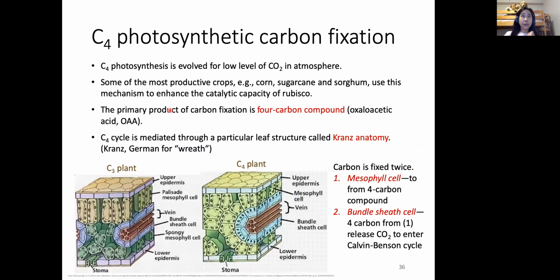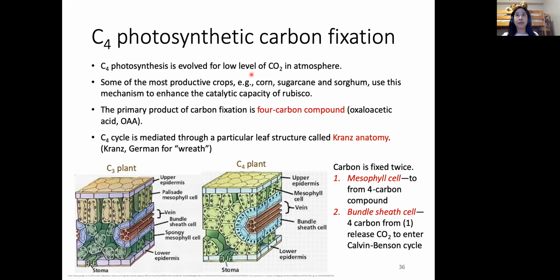So let's get into the detail of C4 photosynthesis. C4 photosynthesis evolved for plants that live in an area with higher temperature, because higher temperature leads to more errors of rubisco. It also helps plants that live where the carbon dioxide concentration is lower.